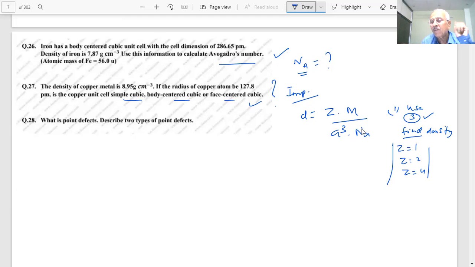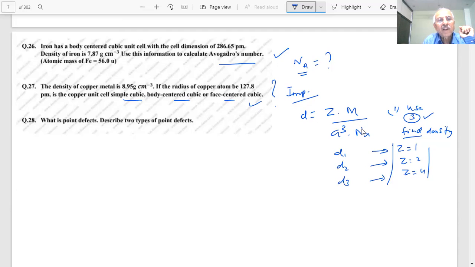Could you understand? The question is put in a different way. The radius is given, not a. So I have to use the three relations for a. Na is known, okay? And then I will calculate the density. I will get D1, D2, D3 in these three cases.